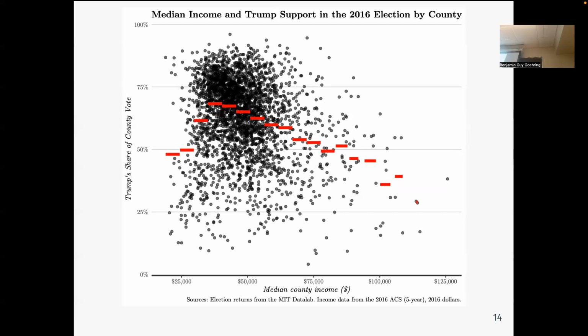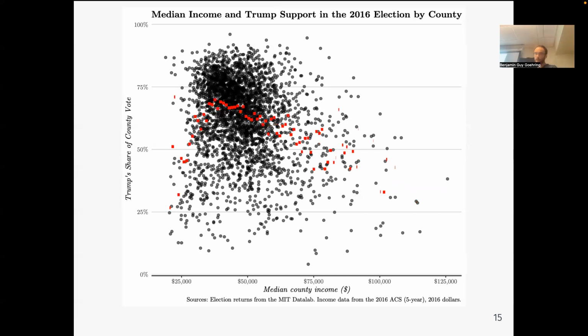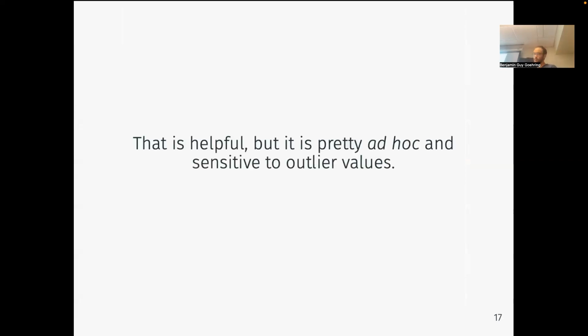These are probably, I'm going to guess, a lot of Native American reservations in South Dakota, Native American reservations in North Dakota, pretty liberal, very poor parts of the country. And that's interesting, right? But we missed that when we just did the bigger groups. So that's cool. We could do this again though, right? And we could keep doing that forever.